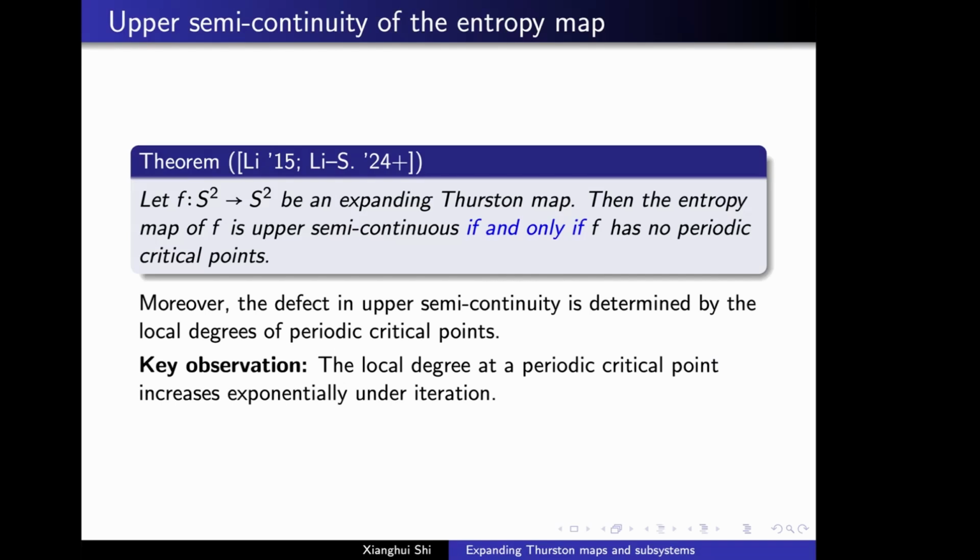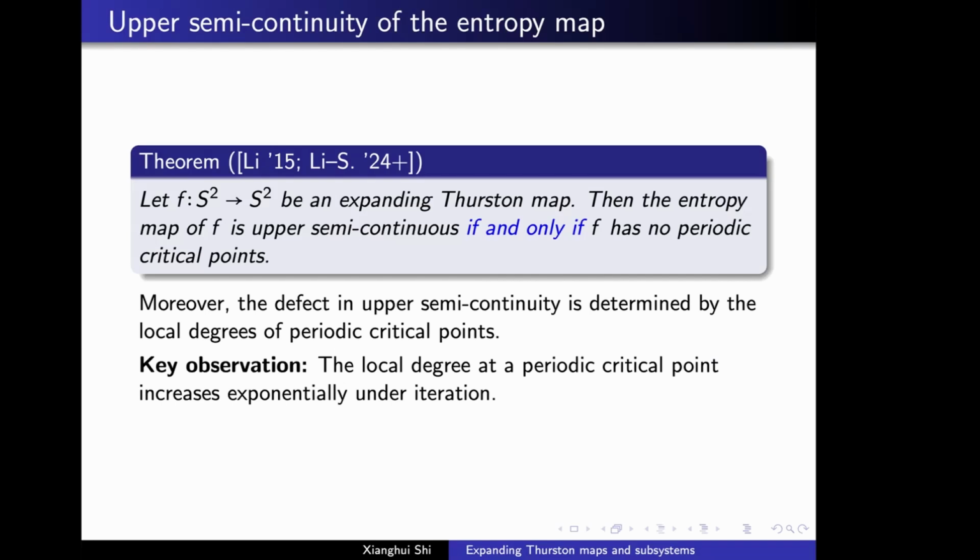So based on this observation, we can construct a sequence of measures. Those measures become narrower and narrower in the weak-star topology sense and converge to the delta measure at this fixed critical point. We show that the measures in this sequence have positive entropy, and their values are bounded from below by a positive constant.